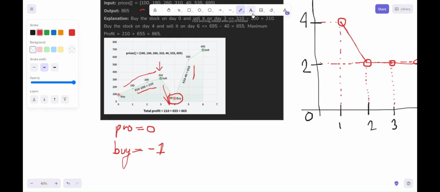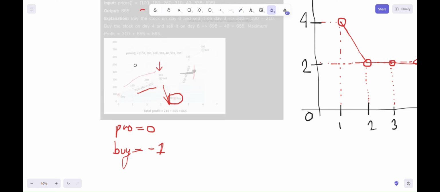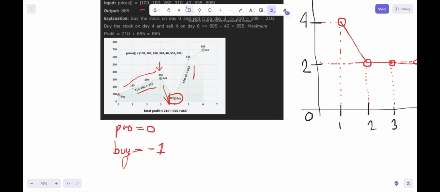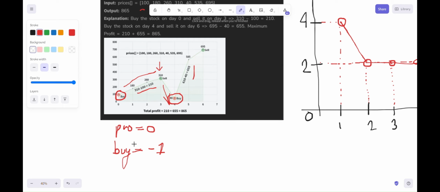So I will iterate over the array and show you. At the 0th day we will buy this item. So iteration i equals 0, we buy.